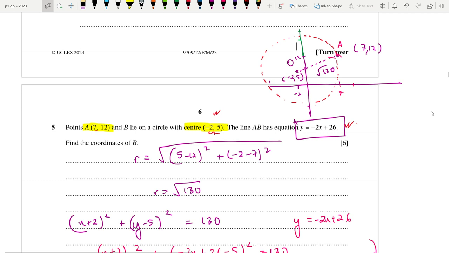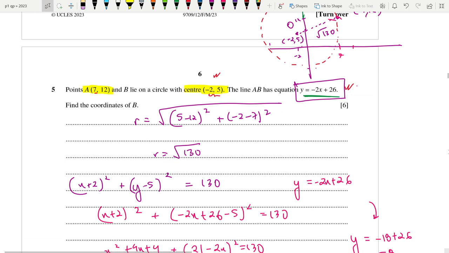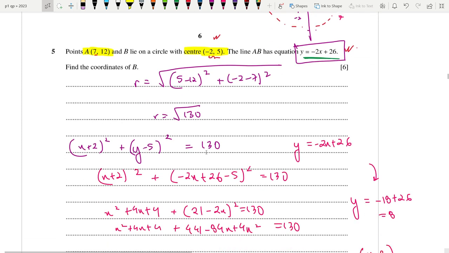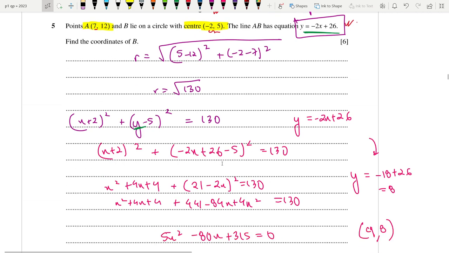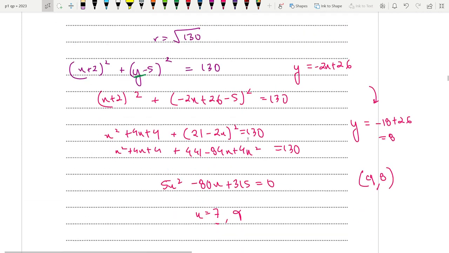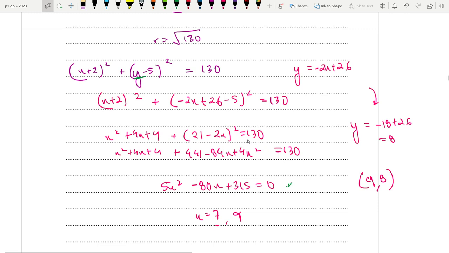So what do we need to do to find out the other coordinate? Just equate this, or input this into the equation of the circle. So y is equal to -2x + 26. I just input that over here. And after solving it, this is the working, as you can see. We get this equation. Solve it using the calculator, you can simplify it, right?